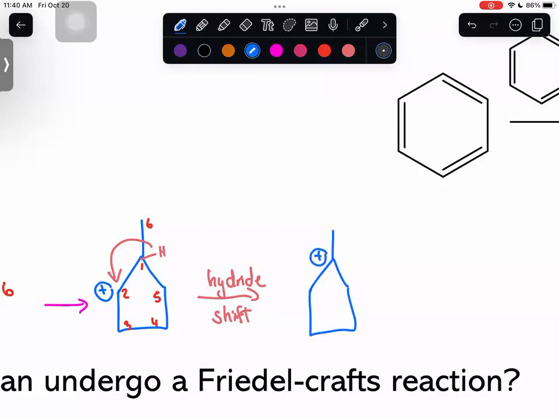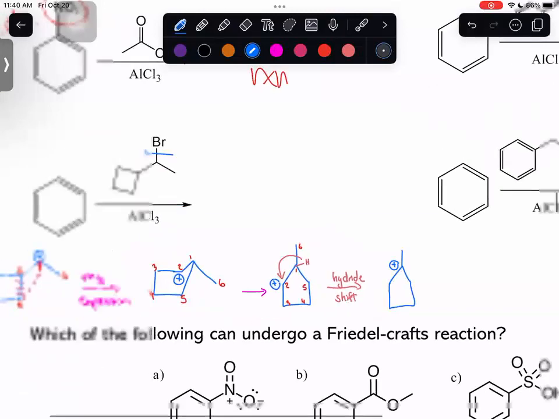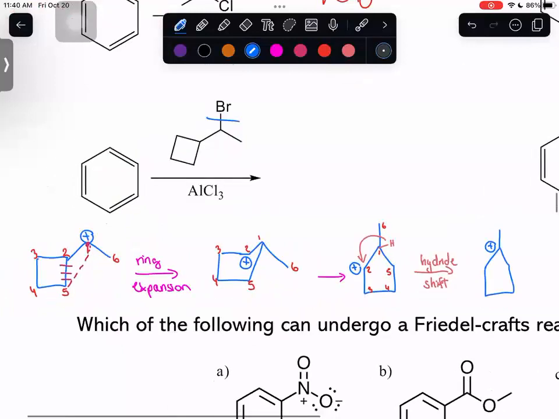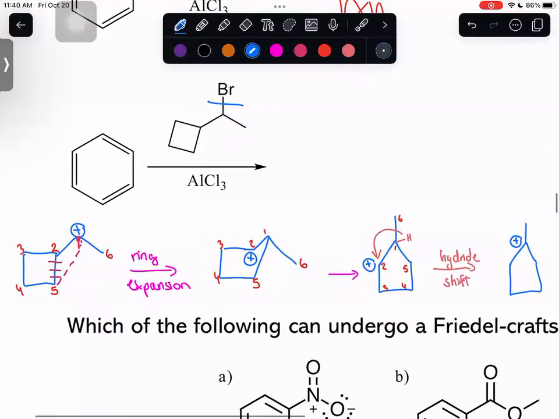So now I have a ring that has less ring strain and a very stable carbocation. Okay, questions? Do you remember this from Orgo 1? A little bit, yeah. Okay, that's good.